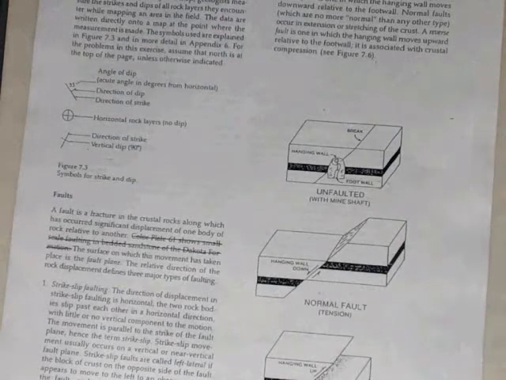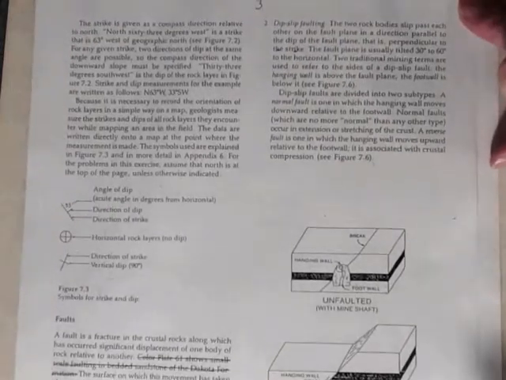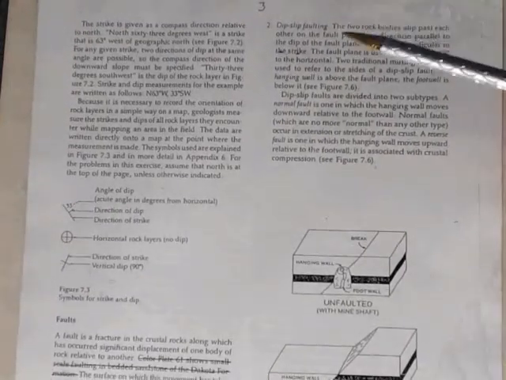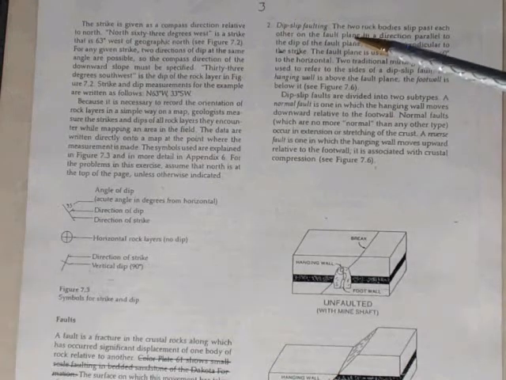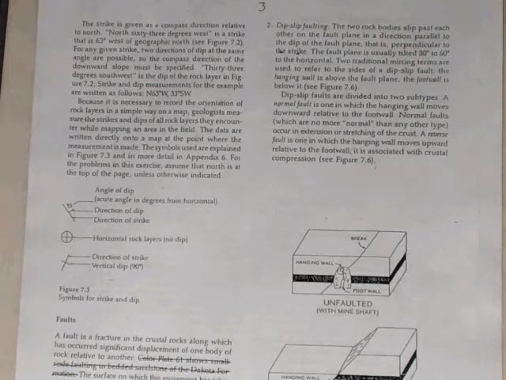So the next one that they talk about, I kind of just went right back to page 3 again, number 2 up here, the dip slip faulting. Now the dip slip faulting again is the vertical movement that is along the dipping plane.